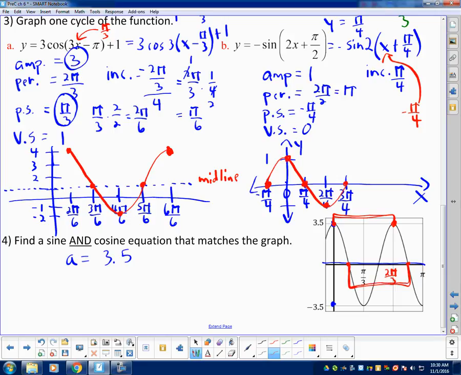So my period is equal to 2 pi over 3, which means b, we have the relationship period equals 2 pi over b. So that would mean my b is equal to, let's write it out here.